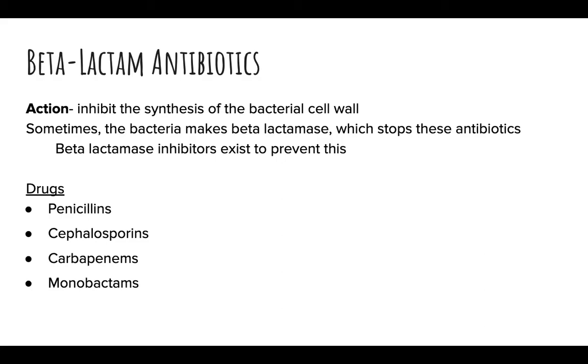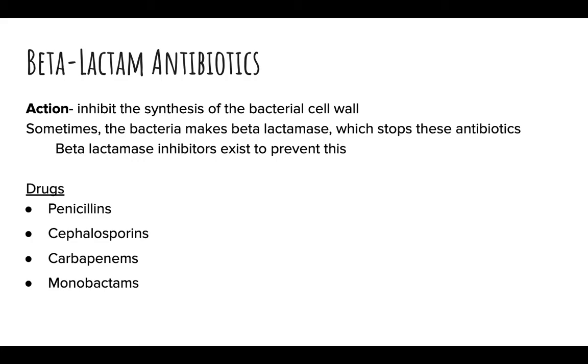All right, so with our beta-lactam antibiotics, so these are penicillin, cephalosporins, carbapenems, and monobactams. So these are going to basically prevent the bacteria from making a cell wall. But like we saw in that slide about multi-drug resistance, the bacteria can make beta-lactamase.